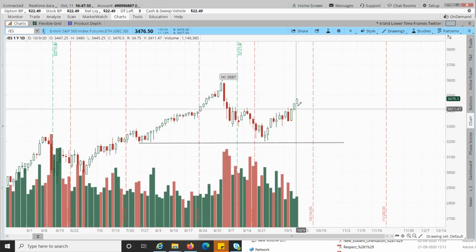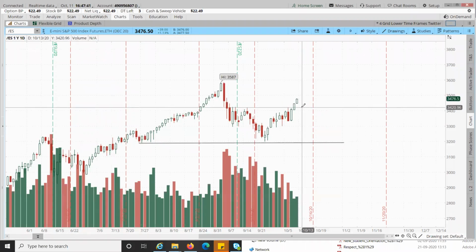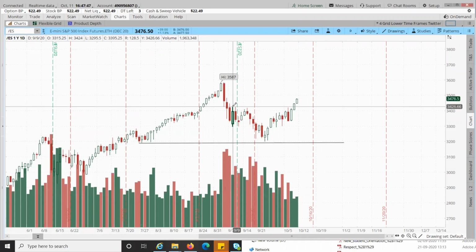If you have low volume, it hardly suggests anything. It tends to fail at some moment. And in case of going upside, you have to see right there. Here, it failed.